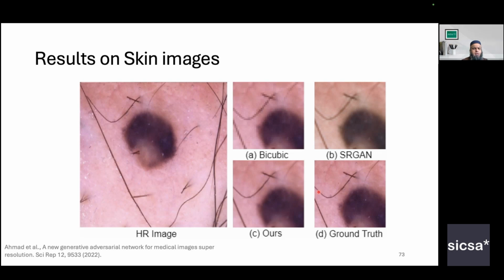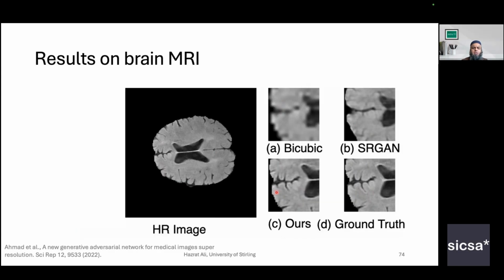This is an output on the skin cancer images. Again, we can see that compared to some other methods, our method is able to retain quite nice details, much closer, much more similar to the original high resolution image. This one is quite interesting for the brain MRI. We can clearly see that it has a much lesser blurry effect.